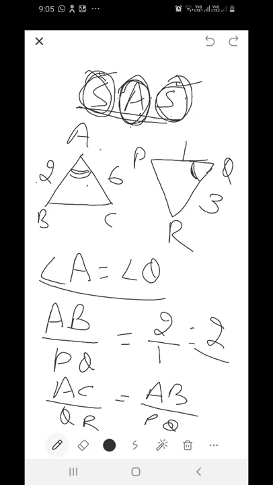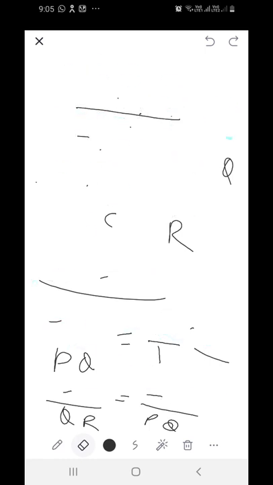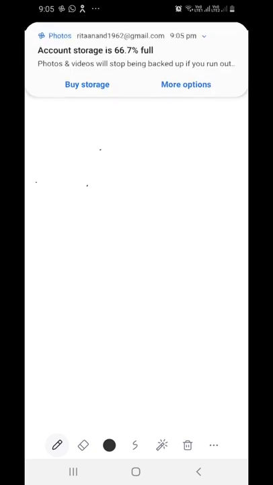Now I am going to take up the third axiom. There are three axioms to prove the two triangles similar. AA I have taken, SAS I have taken. Now I am taking the third one, SSS. For that also I am going to draw the figure for you.